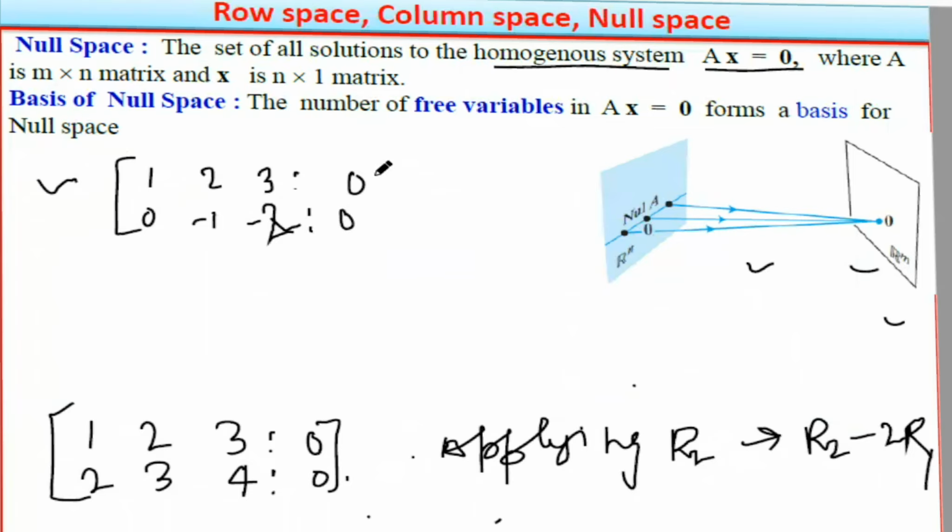The coefficient of x2 here is minus 1. So x1 is a dependent variable and x3 is a free variable.